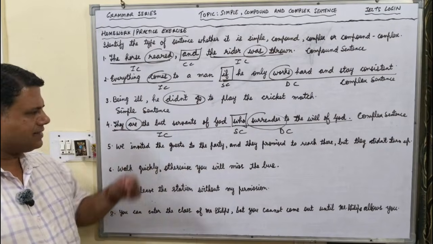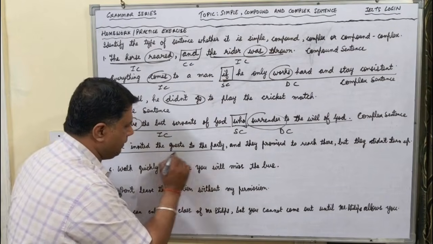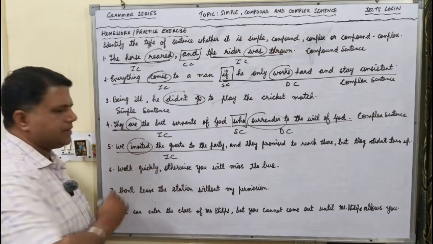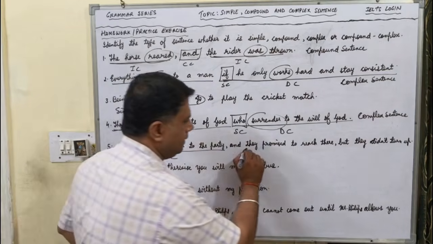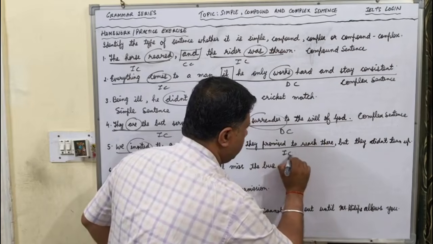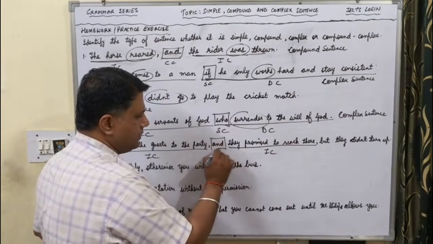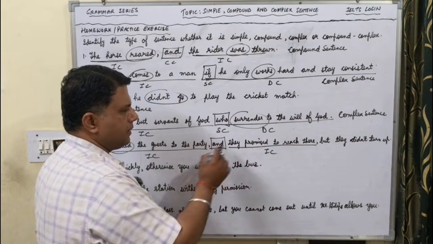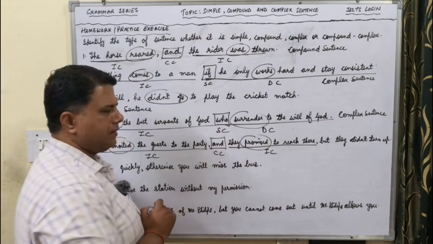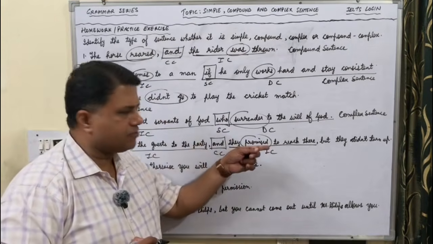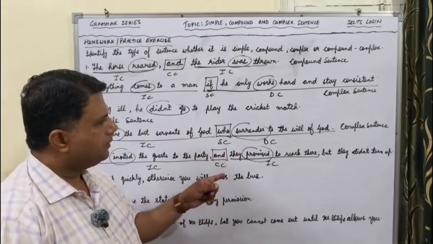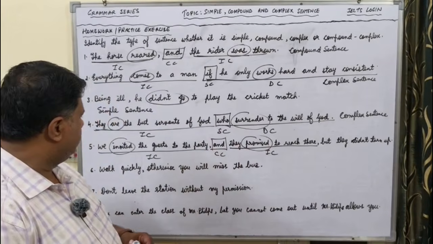Now moving on to the fifth sentence. We invited the guests to the party. This is an independent clause. Invited is the tense element. And they promised to reach there. This is an independent clause, and and is the coordinating conjunction. Promised is the tense element. But they didn't turn up.